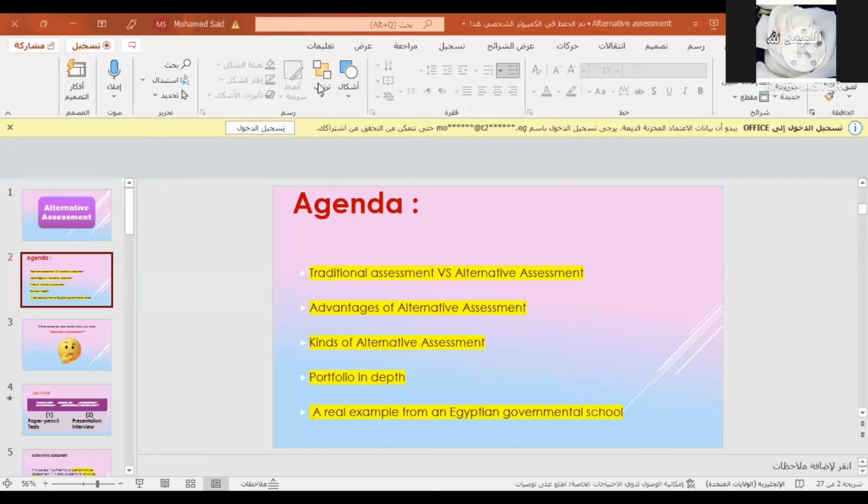Yes, okay. I'm asking everyone now to have a sheet of paper and scissors or a cutter, because inshallah by the end of this session I'm going to show you and tell you how to conduct a portfolio, and I'm going to show you one of the classes here in Egypt that has used this kind of assessment and how they conducted it.